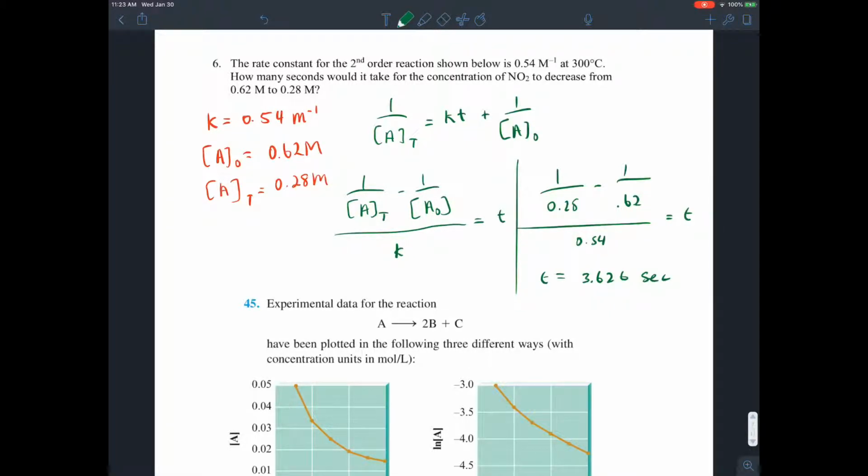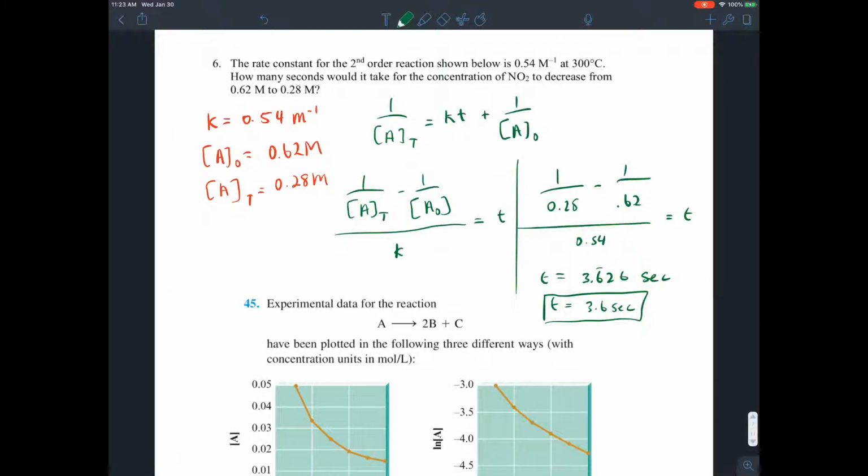Nope, we got the same answer, 3.626 seconds. Well, let's accommodate for the significant figures of this problem. It looks like we have 2, so my answer, when adjusted, is 3.6 seconds. Great, and we solved for our time.